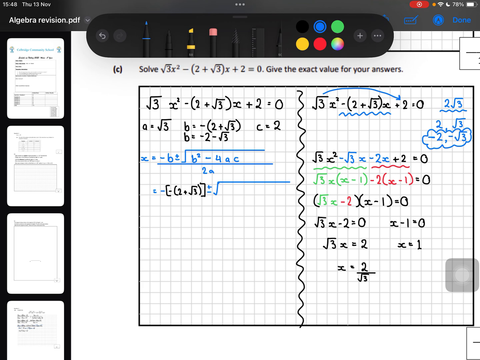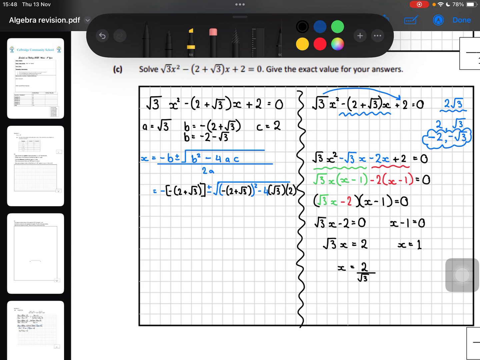the square root of, and we're going to have, so b squared. So a minus by a minus is going to go to a plus, and then my 2 plus square root 3 has to be squared out. Okay, squared minus 4 times a, so times square root of 3 times c, so 2.